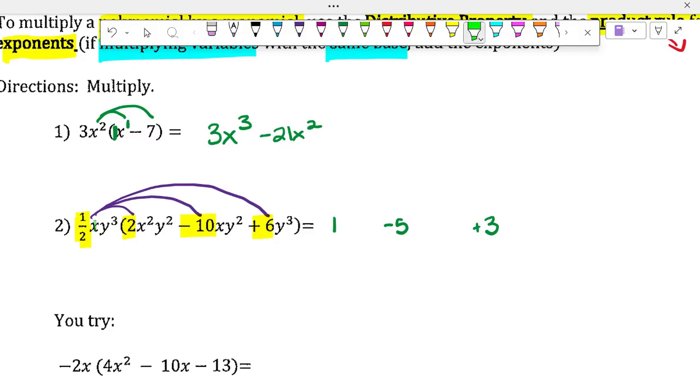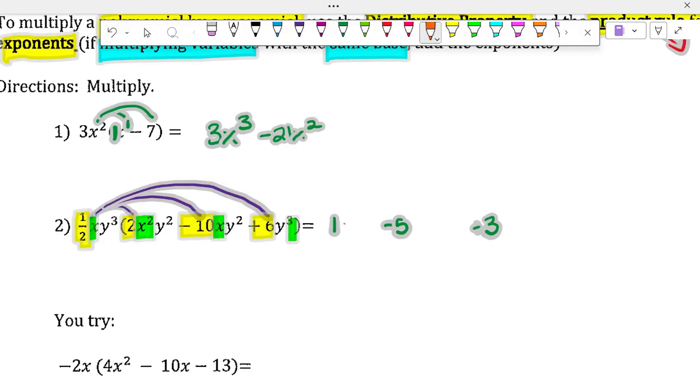So now I'm going to look at the x's, the unspoken x here. What's x times x squared? X cubed. So we'll write an x cubed next to the 1. What's x times x? X squared.